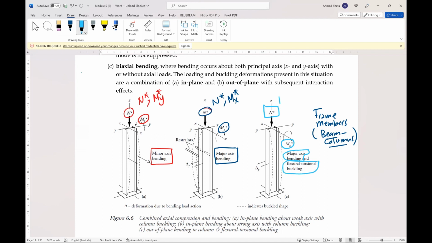So this one has N star, Mx star, and flexural torsional buckling.